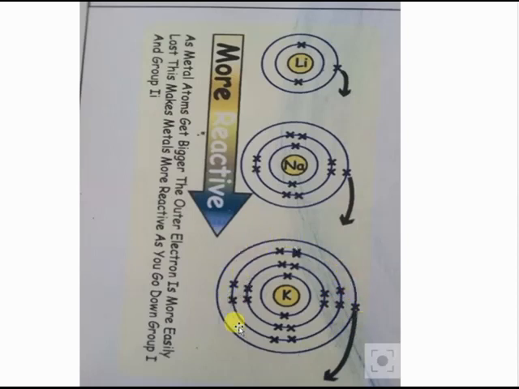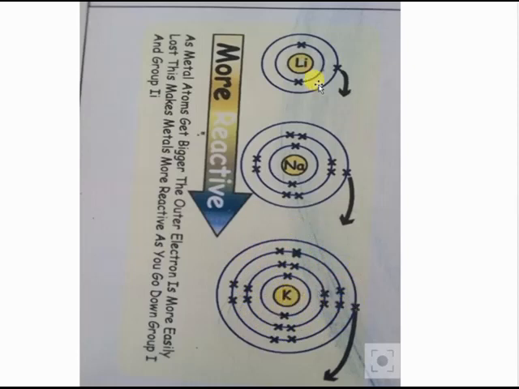So it requires very low energy to lose this one. Why? Because look at the force of attraction holding the electron here. It's very small. Why? The shielding effect. The shielding is the blocking effect of the inner energy levels, which are blocking the outermost energy level. That's what we call the shielding effect.